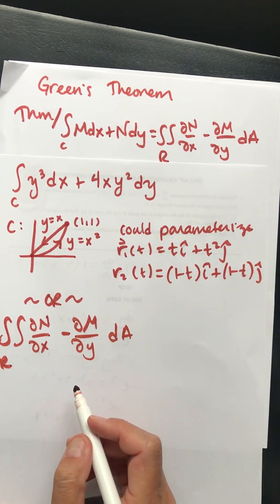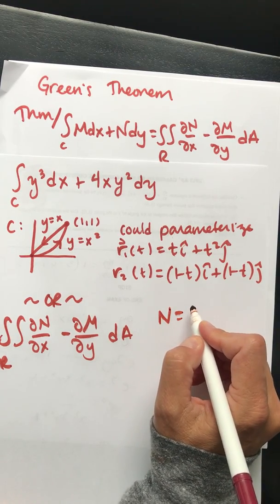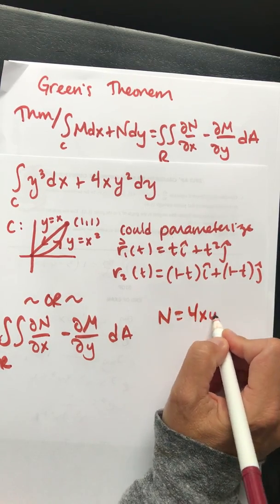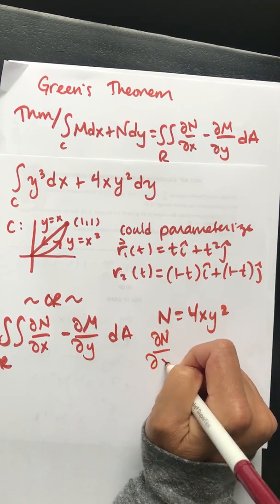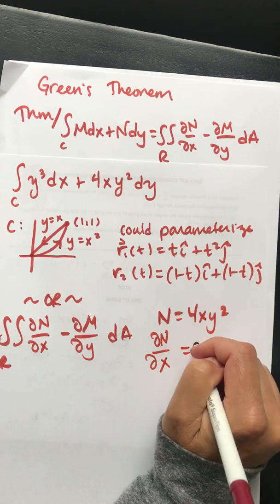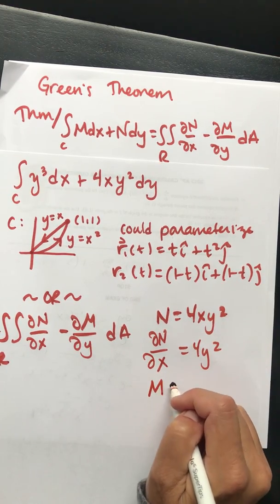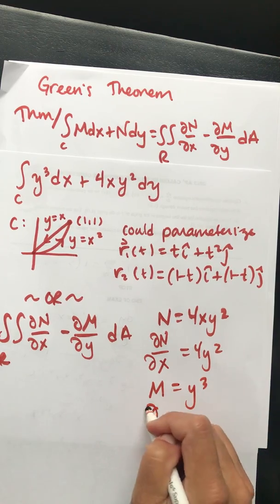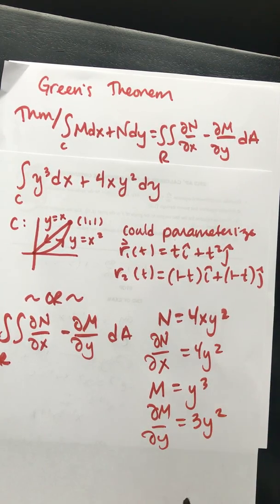Well, where is N? N is 4xy squared, so the partial of N with respect to x is 4y squared. M is y cubed, so the partial of M with respect to y is 3y squared.